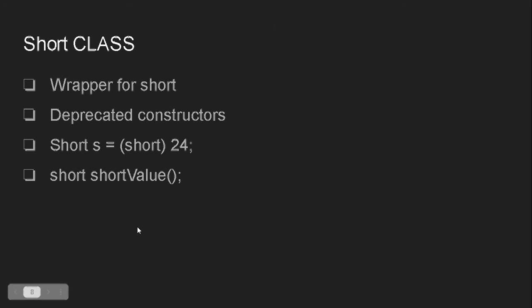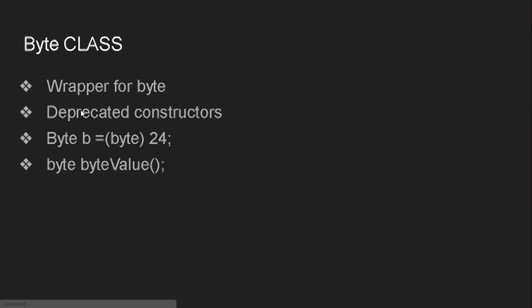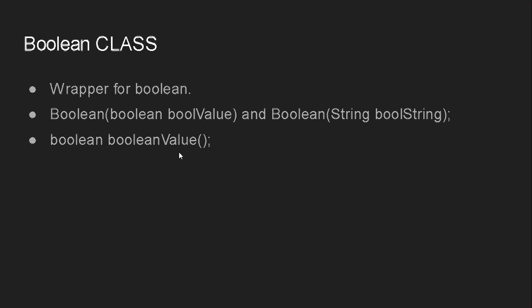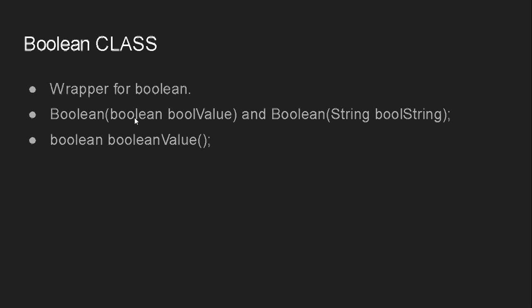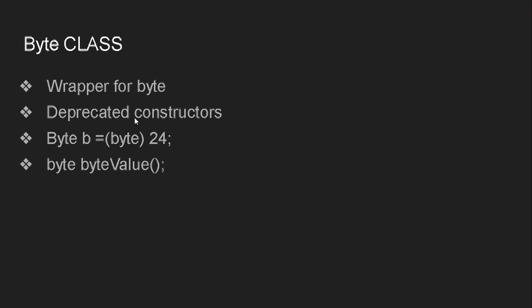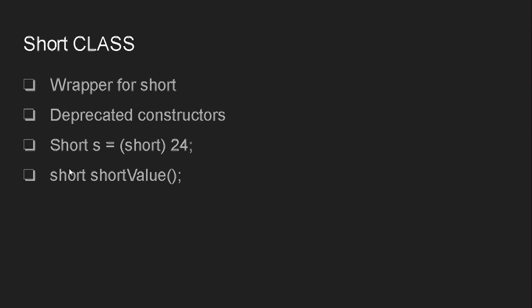All these methods which we have been discussing till now, like shortValue, intValue, byteValue, booleanValue, charValue, are non-static in nature. If it is non-static, then definitely we need to have the object of that particular class. Otherwise we cannot call this method.